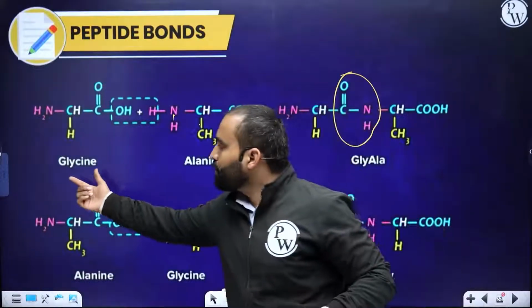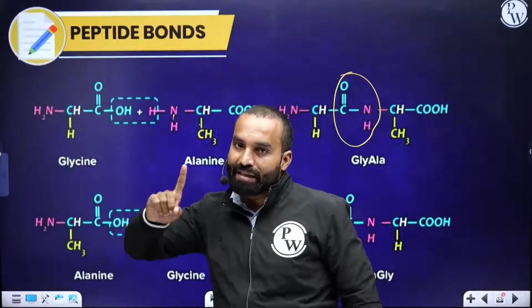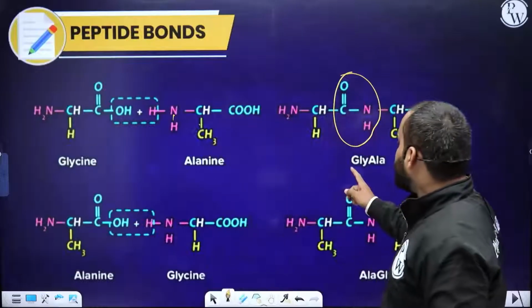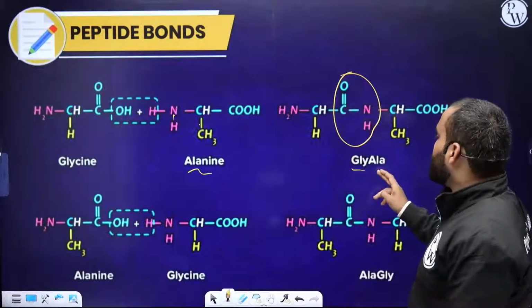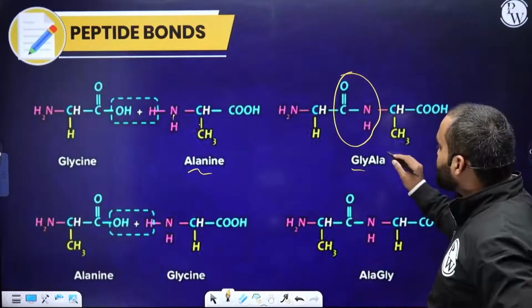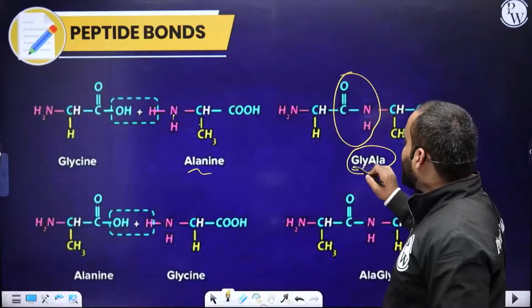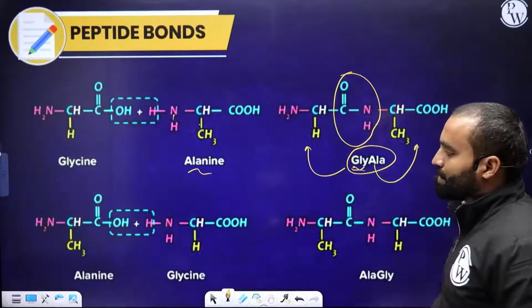The first one has got a 3 letter code. Amino acids have got one single letter and 3 letter codes. So glycine is represented by GLY and alanine is represented by ALA. So this is GLY ALA. By reading just this name, you should be able to identify that GLY is present on the left and ALA is present on the right hand side.